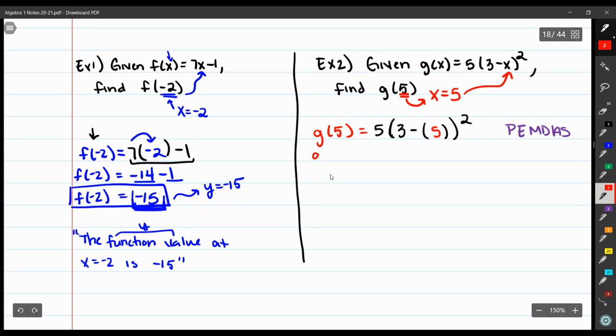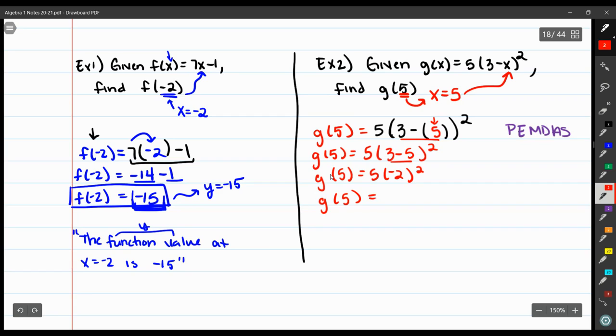So let's start. So g of 5 equals 5 on the outside. I've got to get all this parentheses stuff done. So I don't have anything in this parenthesis, so this is just 3 minus 5 squared. Now I need the other set of parentheses. So 3 minus 5 on the inside makes -2. Now here's the trick.